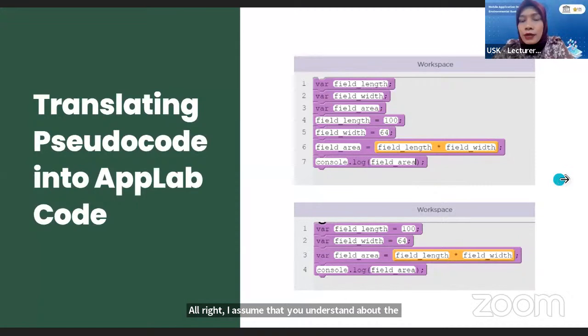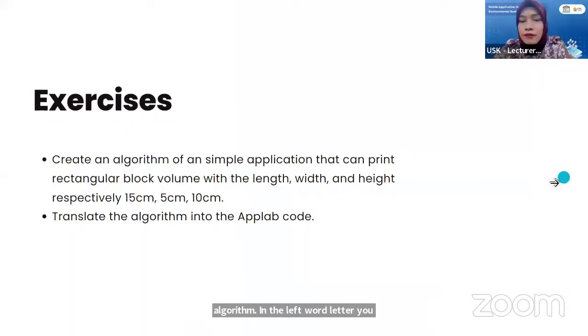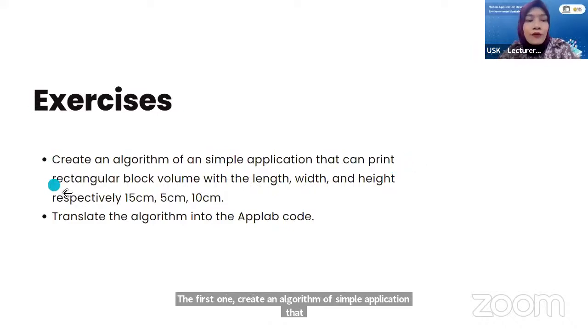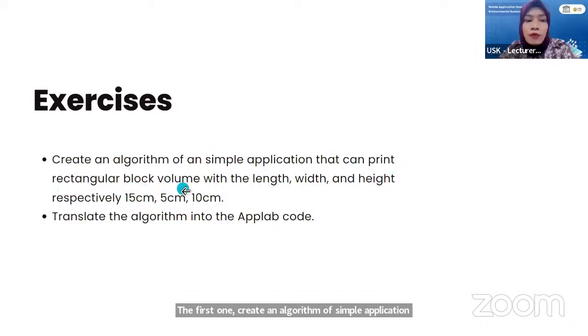In the lab work later, you have the exercise. The first one: create an algorithm of a simple application that can print rectangular block volume with the length, width, and height, respectively 15 centimeters, 5 centimeters, and 10 centimeters.